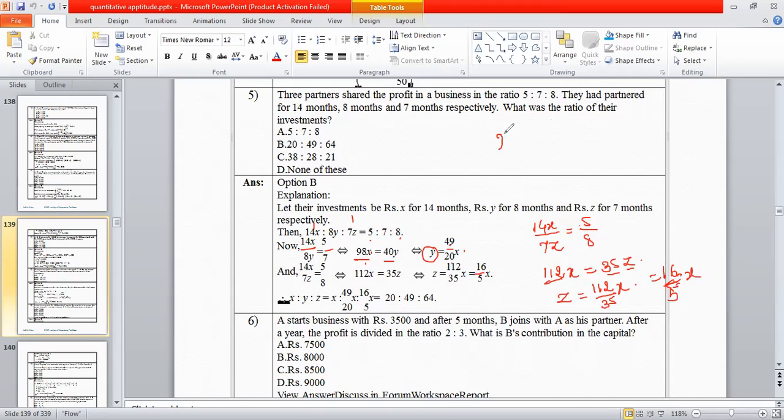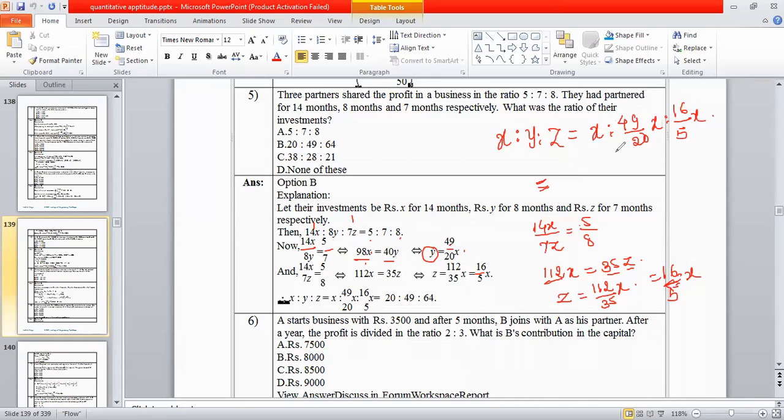Okay, as we have the x is to y is to z ratio. What is the value of y? 49 by 20x. And what is the value of z now? 16 by 5x. Okay, so here x is to 49 by 20x is to 16 by 5x.